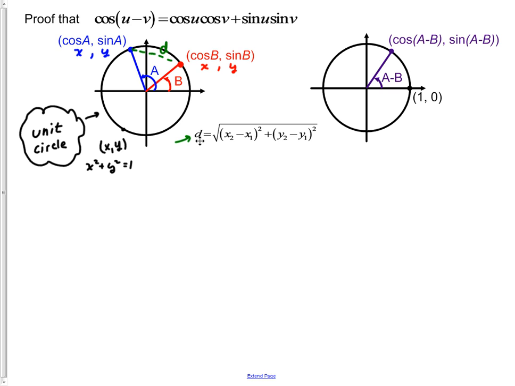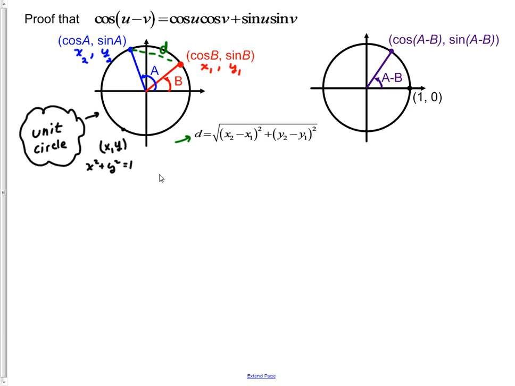The distance between any two xy coordinate points in the plane is equal to the square root of the difference of the x values squared plus the difference in the y values squared. That's our Pythagorean theorem at work. Well, what is x2 and x1 right here? Let's make this x2 and y2 at this coordinate point, and let's make this x1 and y1 at this coordinate point.